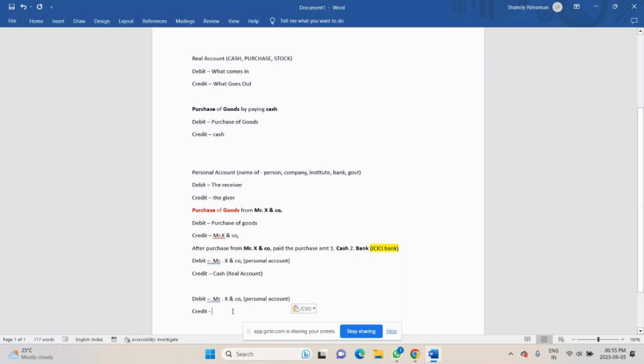Credit the giver. Who is giving here? We are giving, but we also have a bank account, so we will show it as ICICI Bank. ICICI is giving. So here the bank is also a personal account. Okay. So here purchase of goods is your real account, and then your Mr. X will become your personal account.